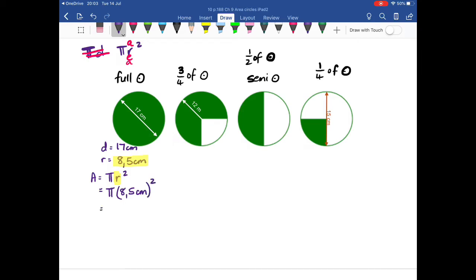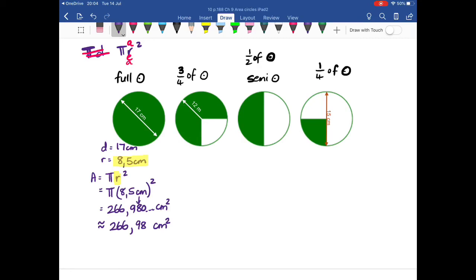And if I put that in my calculator, please use the pi button on your calculator, you are going to get 266,980 and so on. We round off to 2 decimal places because we're working with centimeters. I wouldn't do 3. So we round off, it is going to be 266,98 centimeters. And remember, this is two-dimensional, so I will fill in my 2 there to show me it's two-dimensional.